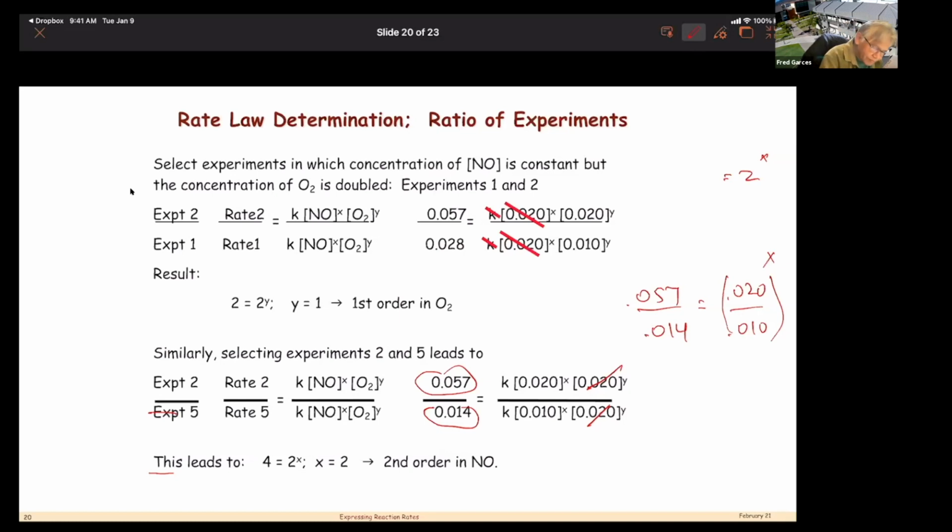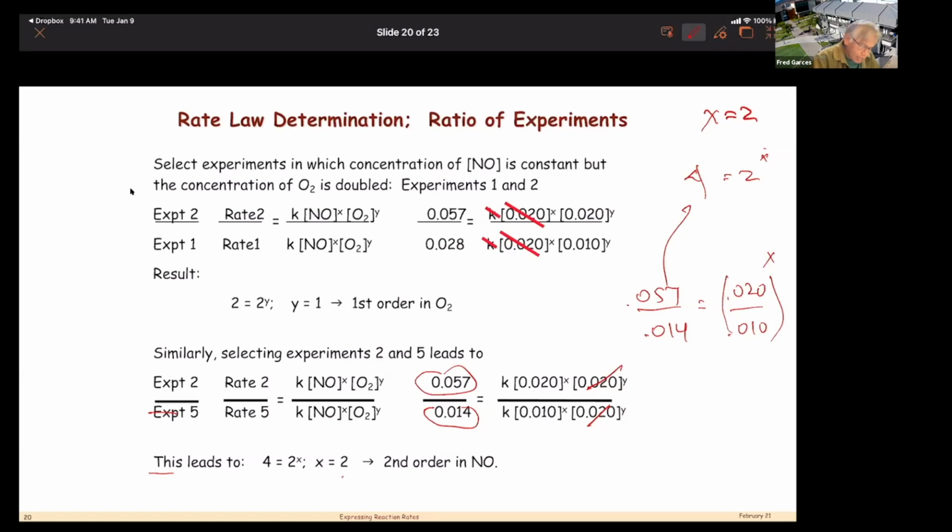No, that's 4, sorry. So this number is 4. 2 to what power equals 4? Well, 2 to the second. So x has got to be 2. See how the math simplifies? So now we know that x is 2.